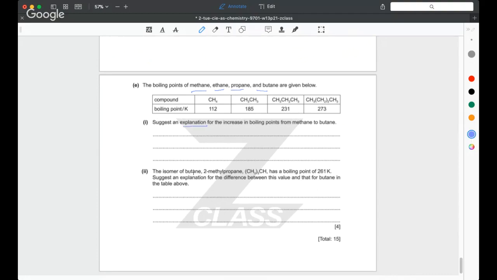And down here, there's a comparison between that straight chain isomer, butane, and this branched alkane here, 2-methylpropane. Now, all of these molecules, none of them have hydrogen bonding, none of them have an electronegative atom in them to cause a dipole moment.